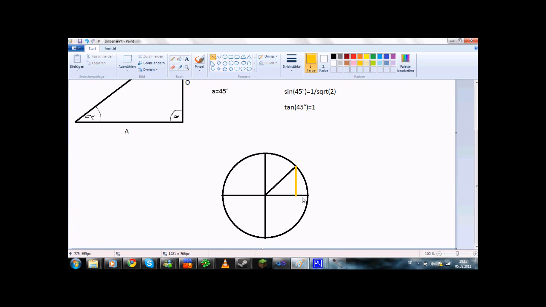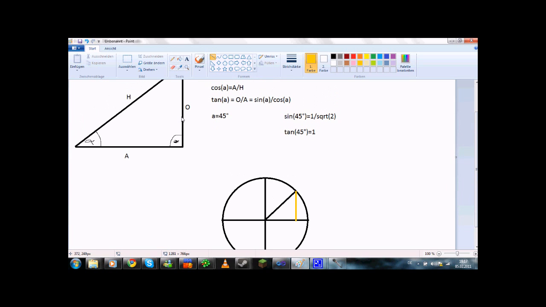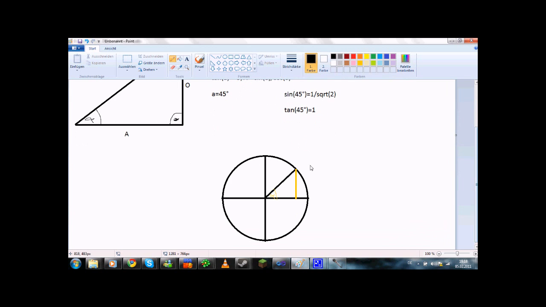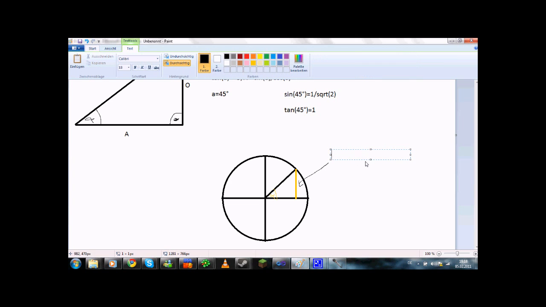Now the length of this line is obviously the opposing edge of our triangle. And because h is 1, the opposing edge divided by 1 is the same as the opposing edge. So we know that of our angle A inside here, I guess I should use another color. Well, the cosine of A is that. So that side is cosine of A.